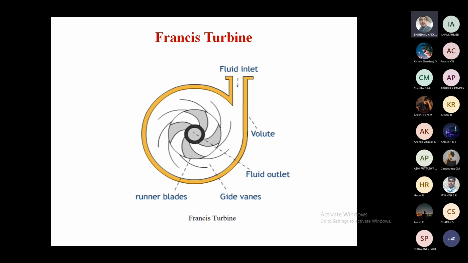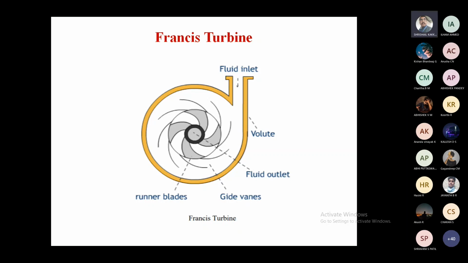It consists of a volute or casing with a varying cross section, and we have two types of blades or vanes. One is the guide vane, which directs the water, also called a fixed vane. Another one is the runner blade or runner vanes or runner buckets, which are fixed on the rotor of the turbine. These are the important parts.